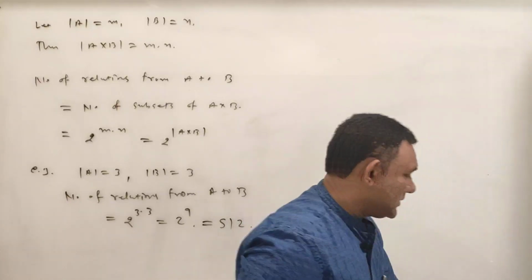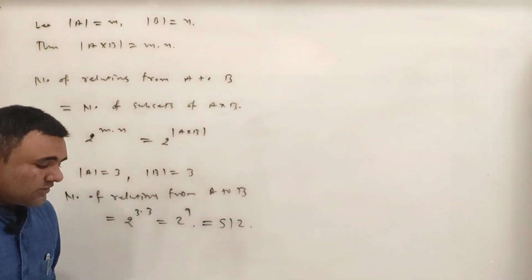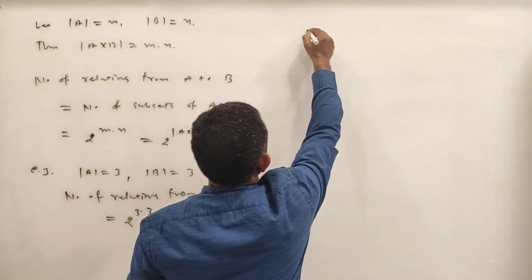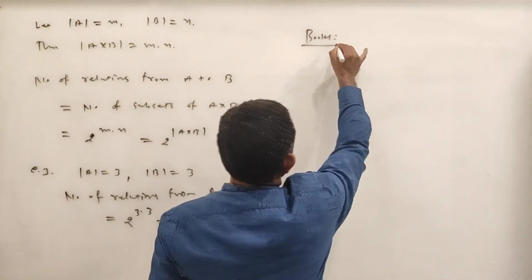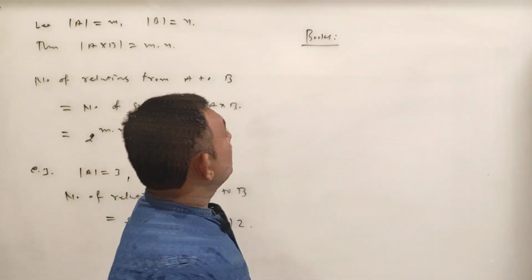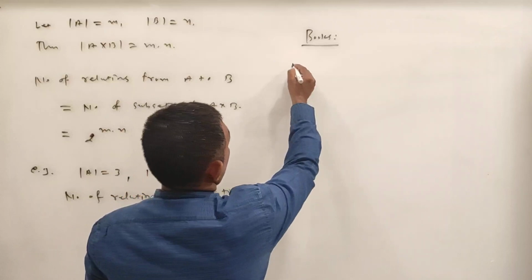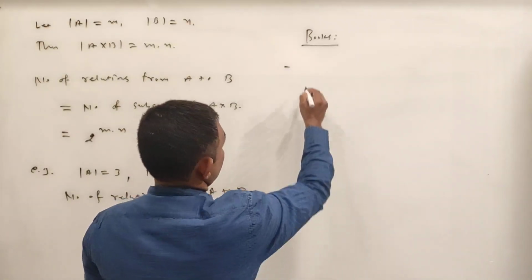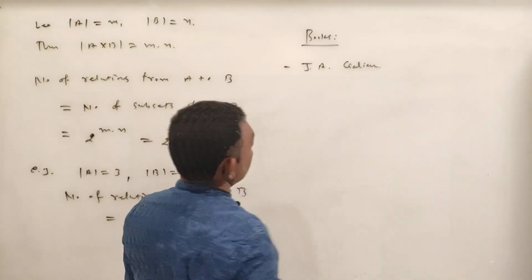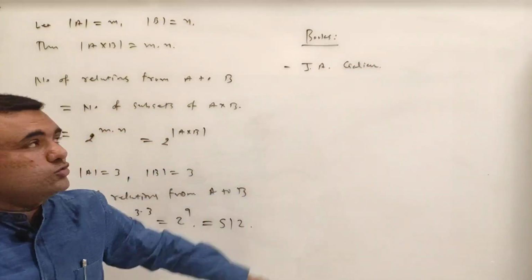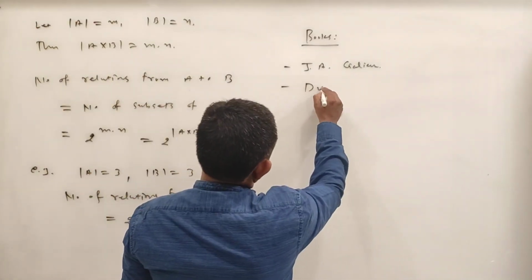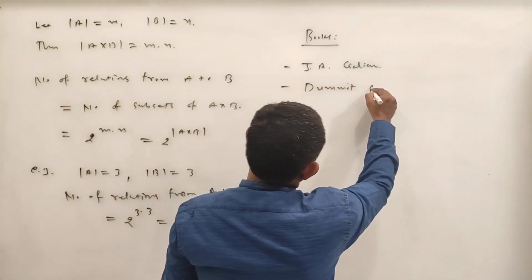Okay, before going further, let us discuss some reference books. Let me give some names of books. एब्स्ट्रैक्ट अलजेब्रा के लिए आपको यदि बुक्स पढ़नी हैं, तो first is J.A. Gallian, Joseph A. Gallian. Another book is Dummit and Foote.